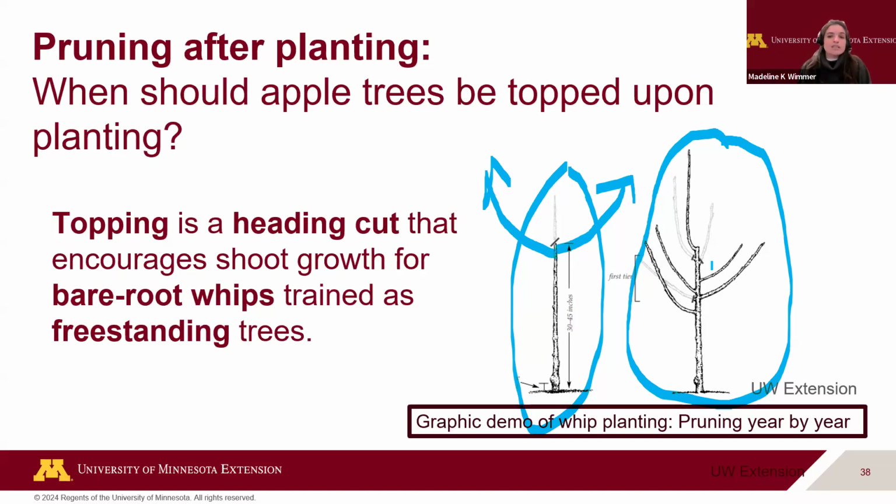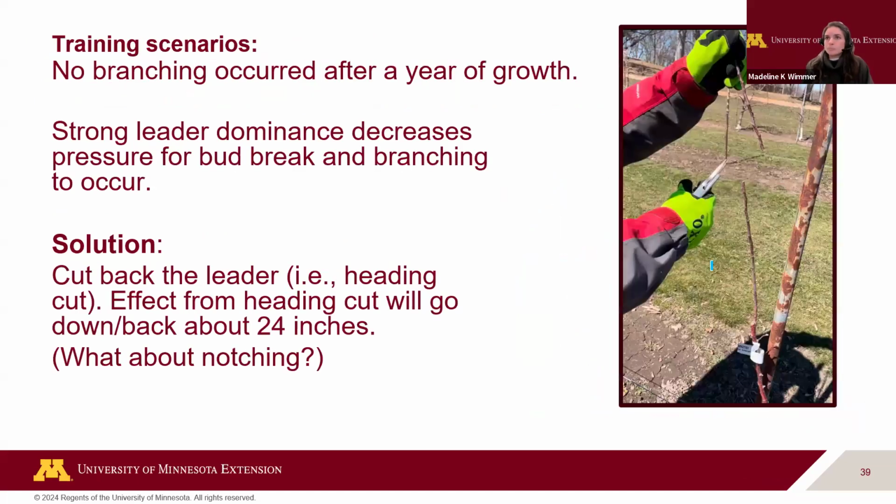The third option is an actively growing apple tree that was potted when you purchased it. This instruction is not necessarily a guidance for that. That can be very particular. Sometimes potted trees are going to be much older, and it's really going to be a case by case dependence here. But that's just a note about when you may want to top an apple tree after planting.